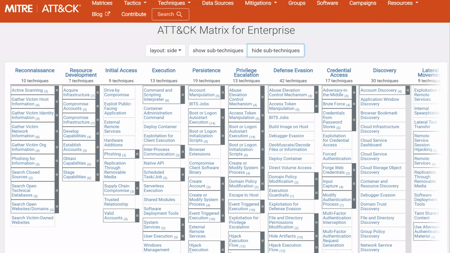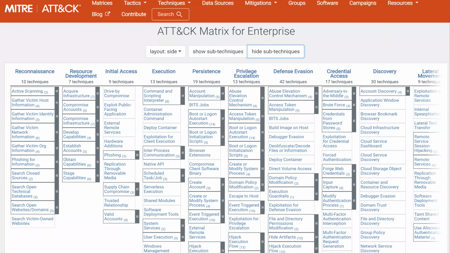So the first thing that I like to do when I get to the ATT&CK framework is I come down here and look at the different phases of the attack cycle. If I just get my pen out here, you can see our recon phase, we've got our development phase there, initial access, execution, persistence, all the way down to command and control and so on.